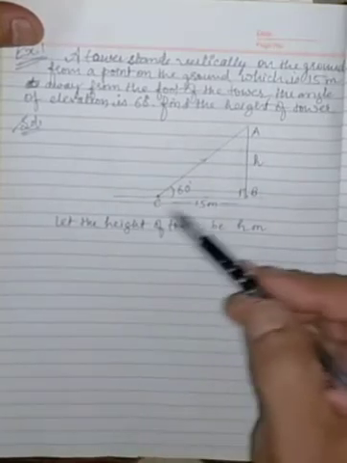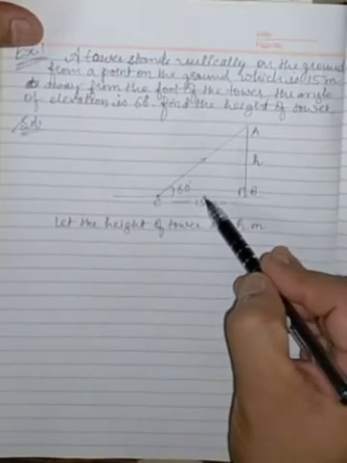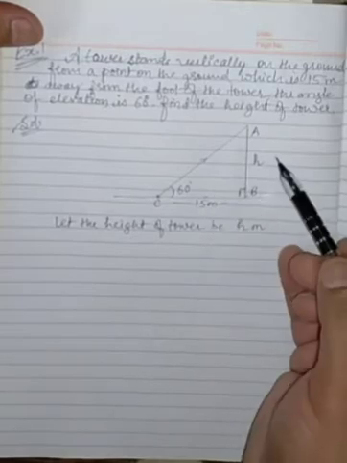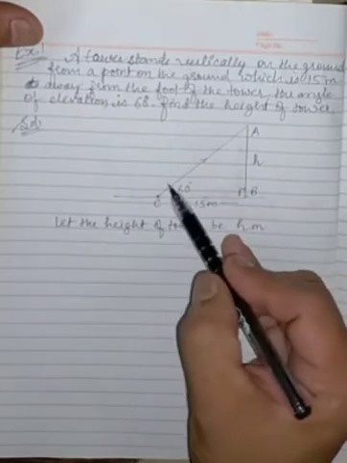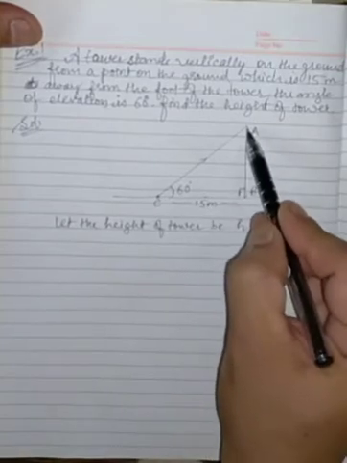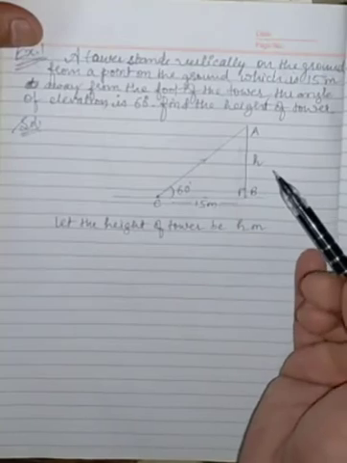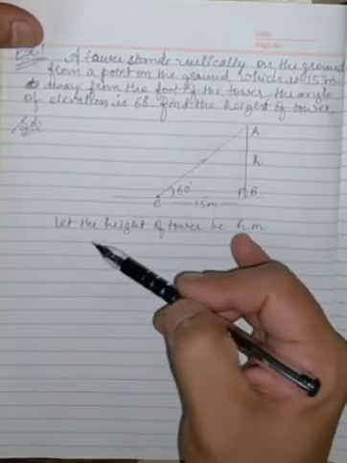So we know that perpendicular and base are related with tan or cot. So for the base angle 60 degree, when base is given and perpendicular we have to find out, we can find out it either by using tan or by using cot.